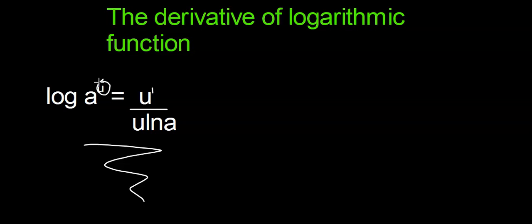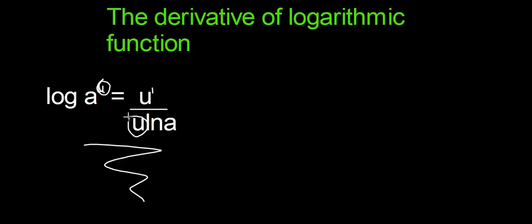To take the derivative, you derive the exponent spot, then write this u down in the denominator, and after that just write ln a, where a is the number they give you.